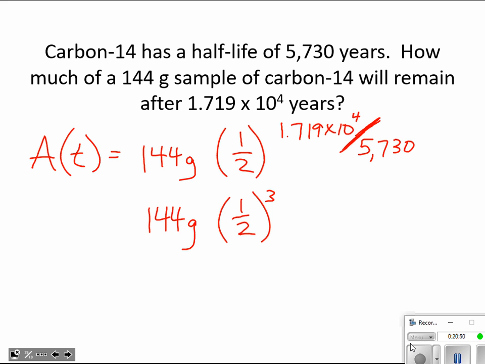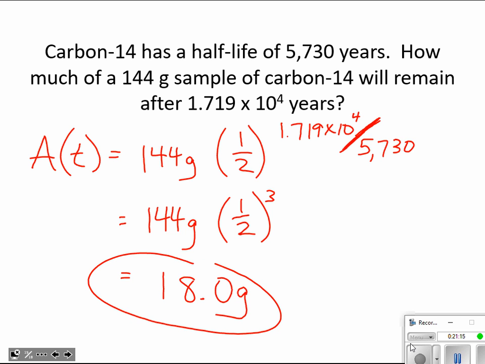So I'm going to take 0.5 to the third power, and that gives me 0.125. I'm going to take that 0.125 and multiply it by 144, and that gives me a value of 18.0 grams.